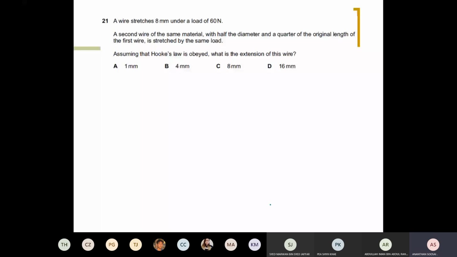When the diameter is half, the area is a quarter A. Put it in area to be easier. Okay, so anyone? I haven't received any answer yet.